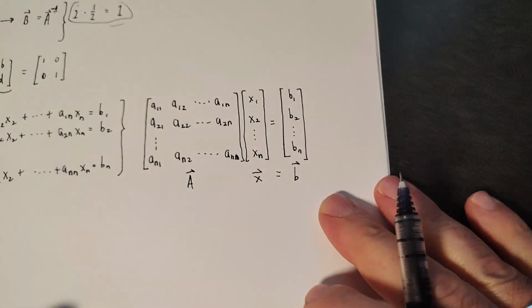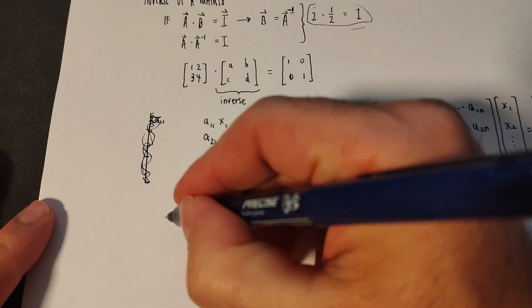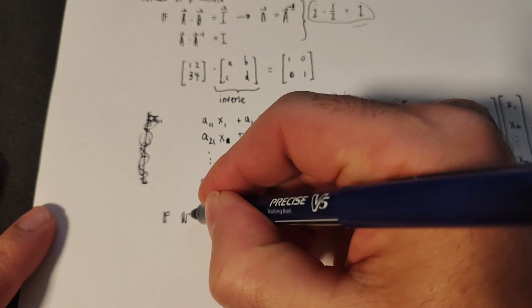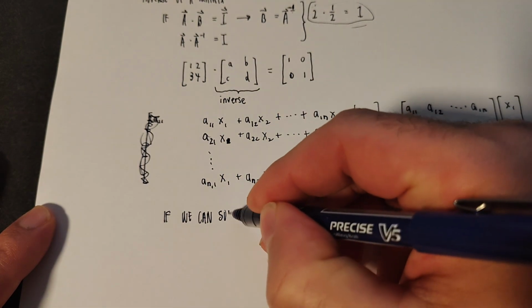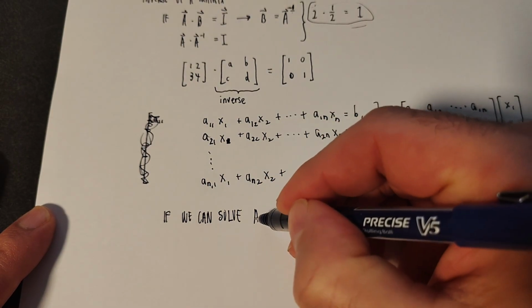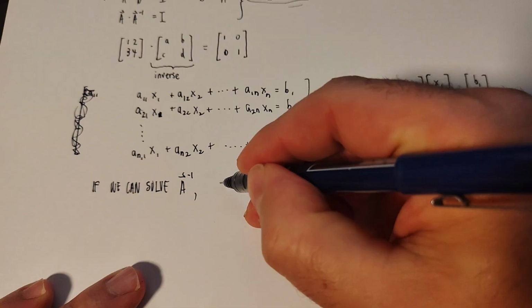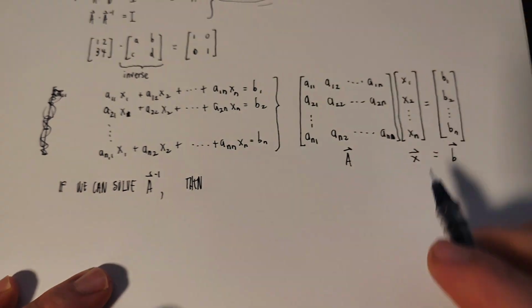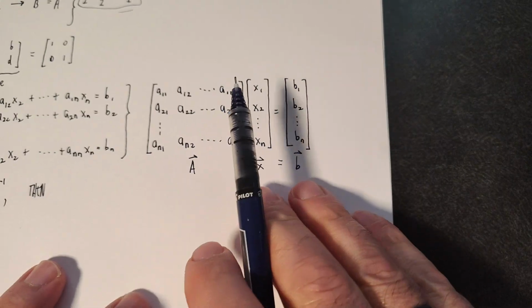The idea here is if we can figure out what the inverse of this is, then we can very easily solve this system.